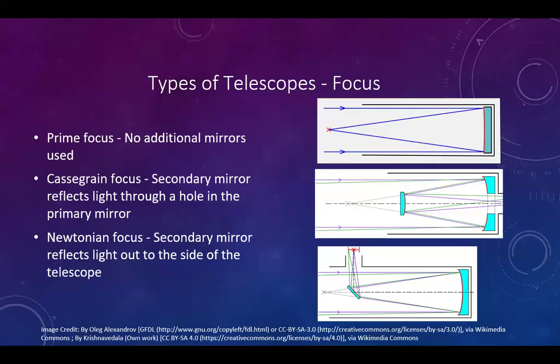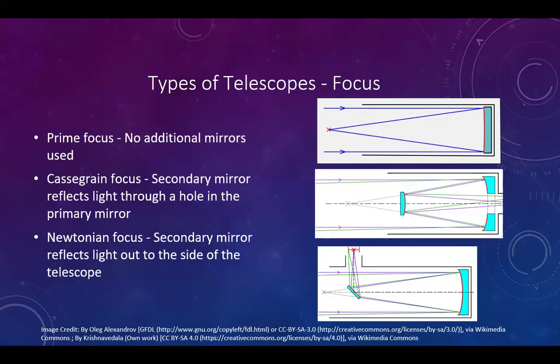There's also a Newtonian focus, which is the design of the first one of these. This is commonly how, if you buy a telescope for personal use, a smaller telescope, they tend to be Newtonian focuses, where the light is reflected onto the side of the telescope, which is a convenient place to put your eye.